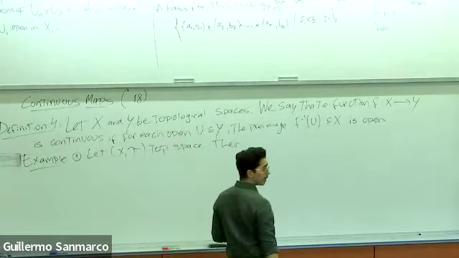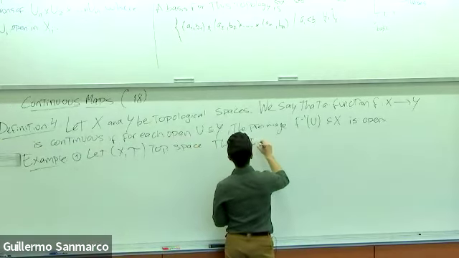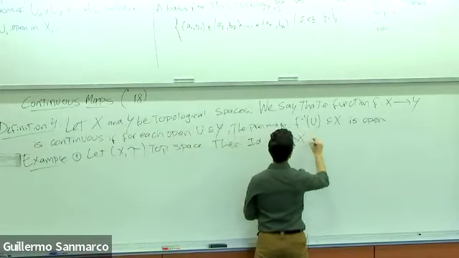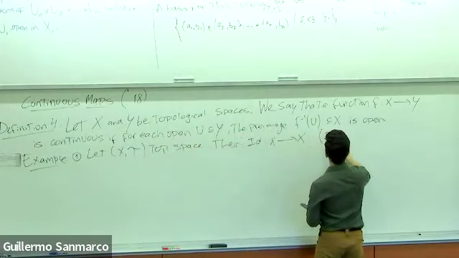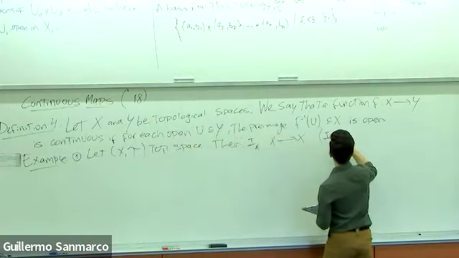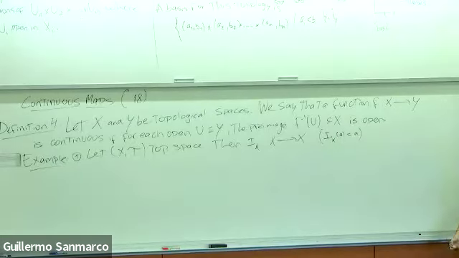It's not just about the function, it also depends on the topology. Then the identity map from X to X, which takes, remember, identity, maybe let's use I sub X of A equals A, is continuous.